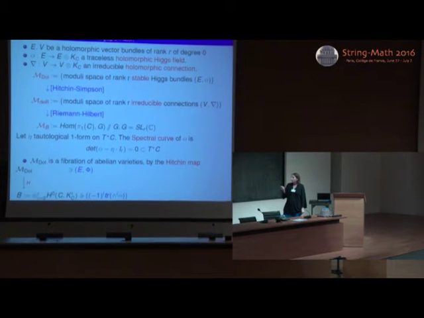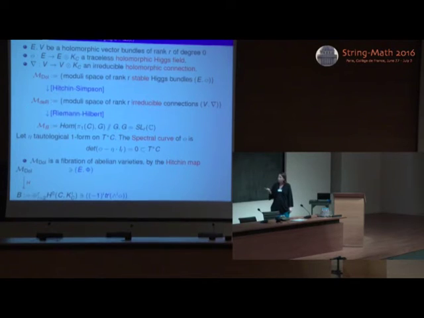So one realizes the Dolbeault moduli space as the moduli space of rank R stable holomorphic Higgs bundles (E, phi), or the de Rham moduli space as a moduli space of rank R irreducible connections (V, nabla), or the Betti moduli space as a character variety, as representations from the fundamental group of C to G, when G is SL_R of C.